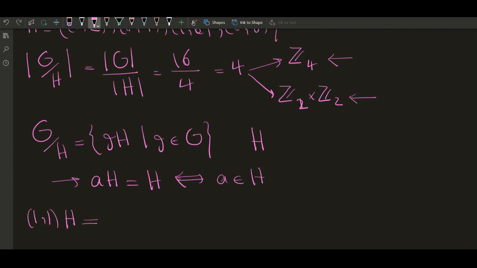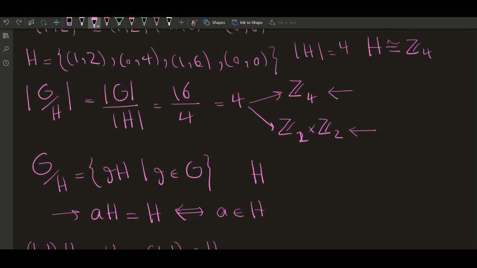We know that it is not equal to H because (1, 1) doesn't belong to H. Here we said that aH equals H if and only if a belongs to H. So (1, 1)H is not equal to H simply because (1, 1) doesn't belong to H. Here we calculated all the elements of the group H, and we need it here, so let me copy this group.